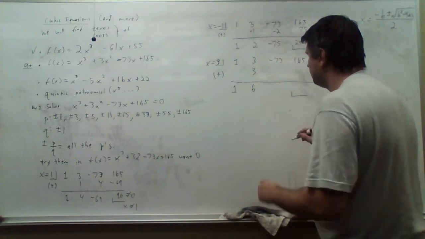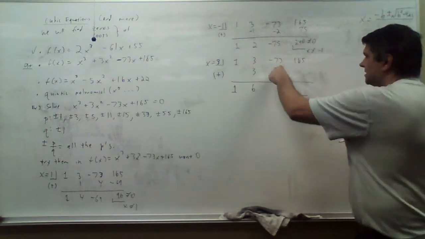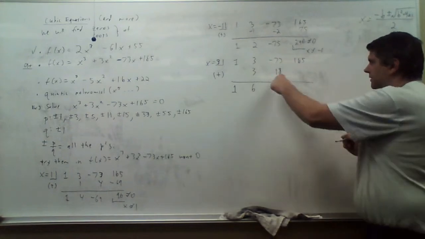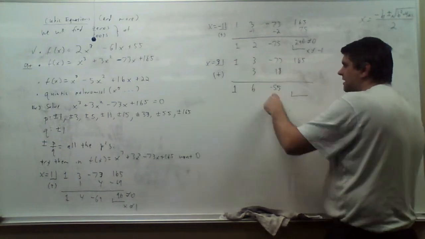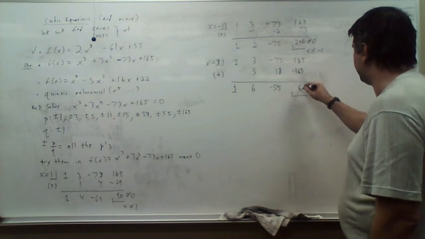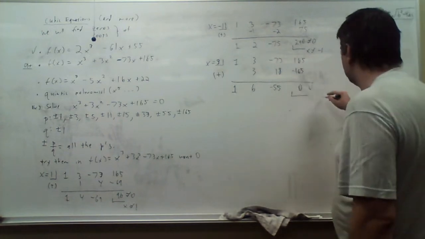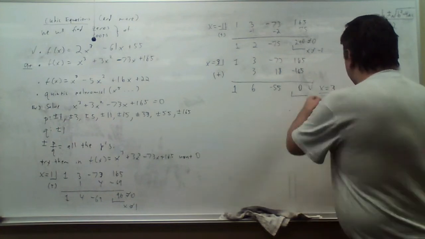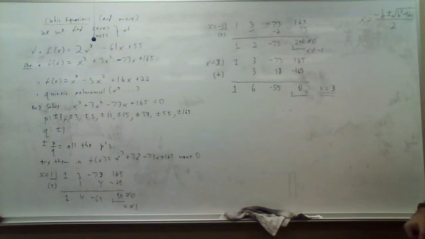That's 6. 3 times 6 is 18. Add these up, you'll get negative 55. 3 times negative 55 is negative 165. That's 0. And that's what we want. So that confirms that x equals 3. We will need to remember to write that when we're done.